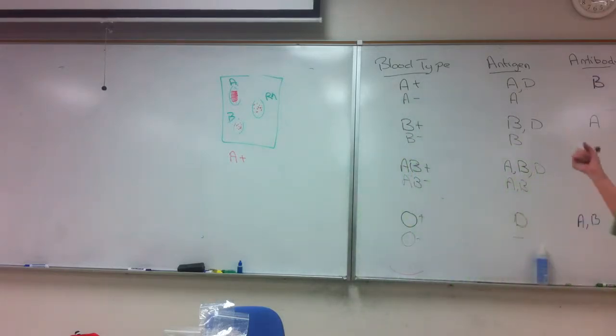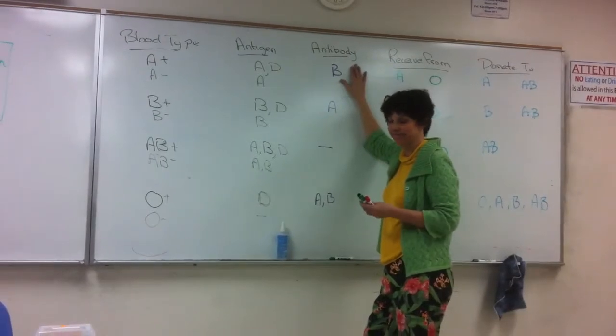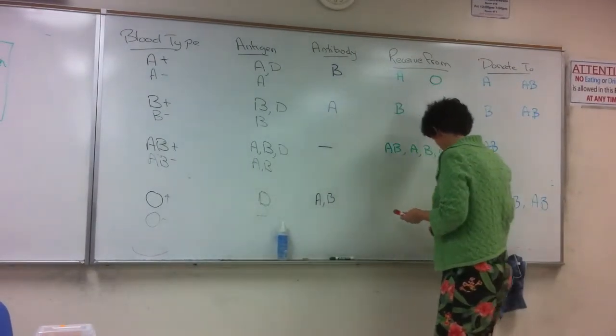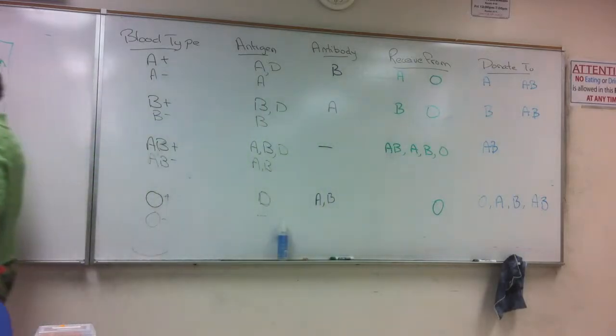All right, do I change my antibody chart? No. No. If I have the D antigen and I'm A positive, I certainly am not going to add the D antibody. If I'm negative and I don't have the antigen, I'm only going to get the antibody if I get exposed to it.